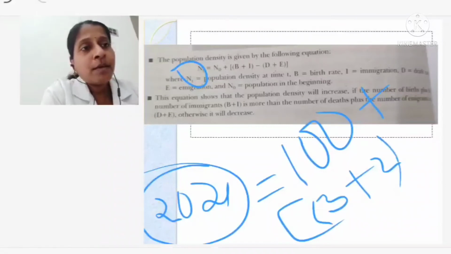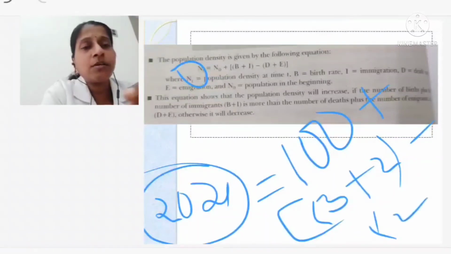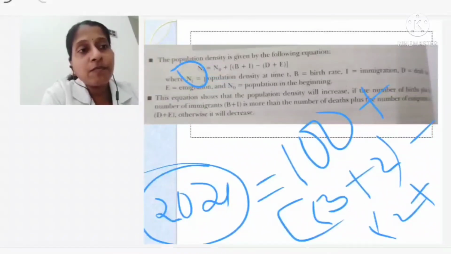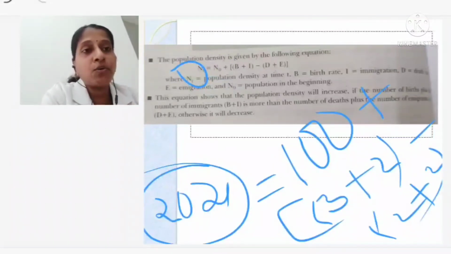Minus death and emigration. Death, maybe there are around 2 deaths, 2 people have died, so plus D plus E, 2 people have emigrated. Emigrated means left from this area. So what is happening now? You see the equation turn, so it's clear now.